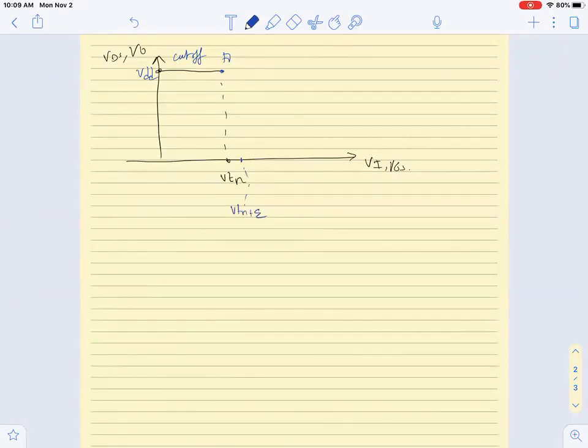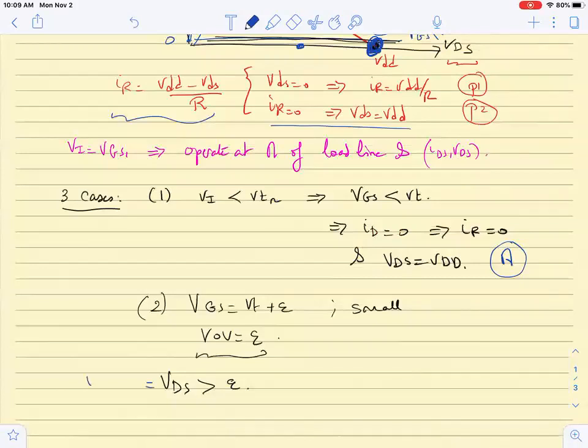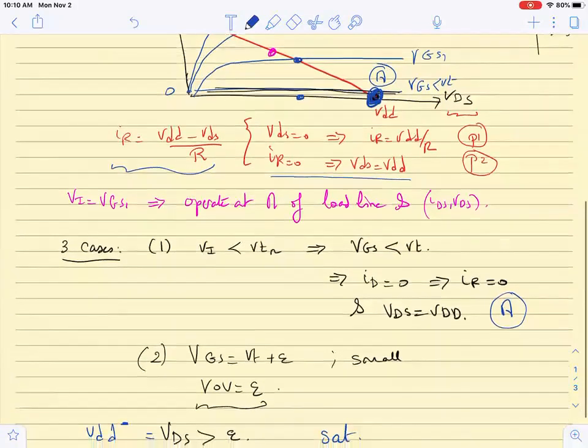We expect that the current will be small because the overdrive is small and VGS is small, and therefore the output is still high. VDS is still close to VDD. That means VDS, which is VDD minus something, is definitely greater than epsilon, and therefore the device is going to be in the saturation region. So we will be in the saturation region.